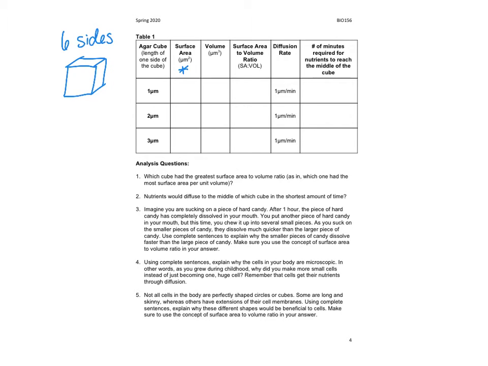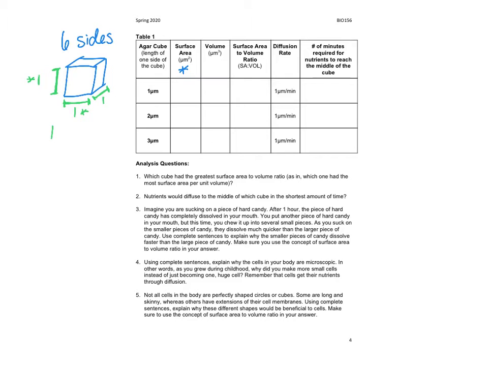Looking at the dimensions of a cube, we have a height dimension, a width dimension, and a length dimension. For the first cube that we are looking at, each side is equal to 1 micrometer. To figure out the surface area, we're going to start by taking the length of one side times the width of another side.